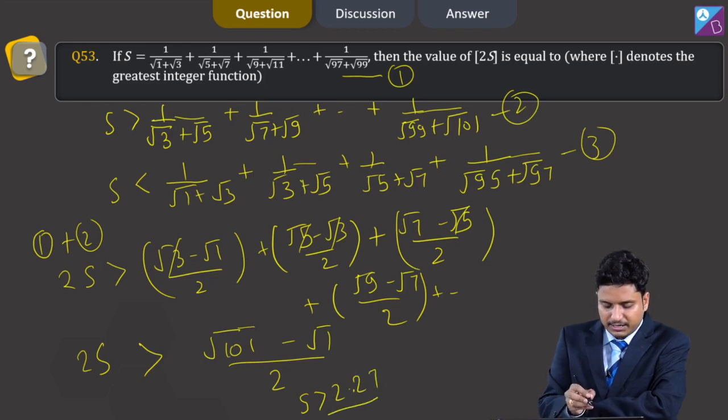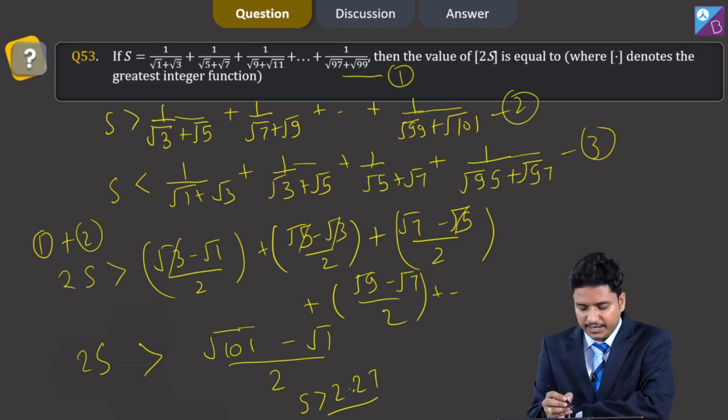So we have used just the addition of the first and second expressions.